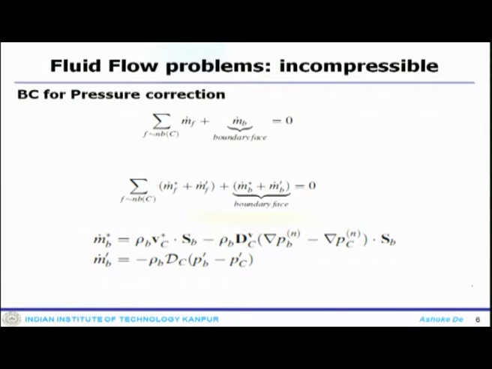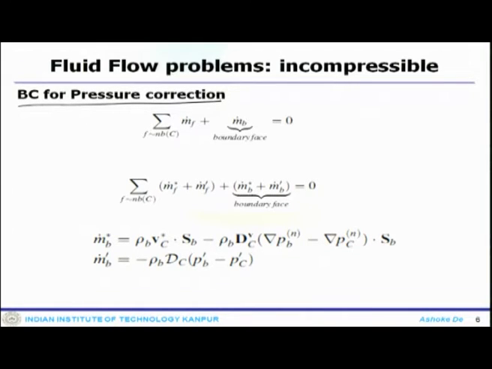Now, we need to look at the boundary condition for the pressure correction equation, because in the SIMPLE algorithm we have an equation for pressure correction, and when you are trying to solve it, one has to provide proper boundary conditions for pressure correction.